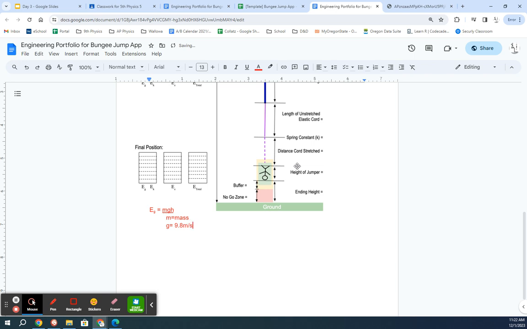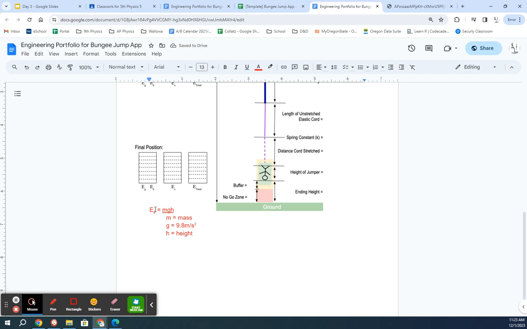The value of G is more important because we're not going to be bungee jumping on another planet or anything like that. So we will always just be using 9.8 there. I don't want that to be a capital M. I don't want that to be a capital G. And it's going to do the same thing, so we don't want that.